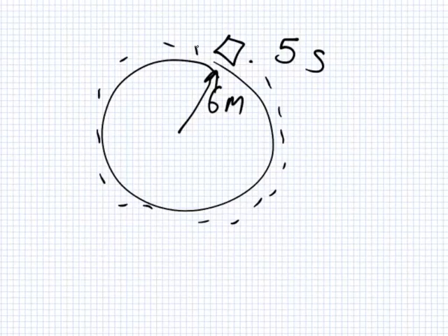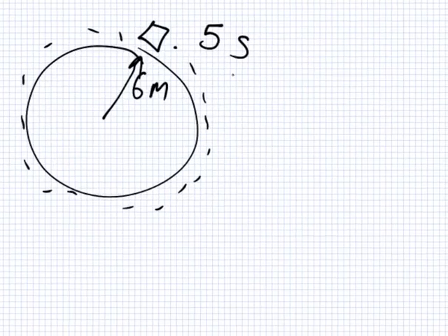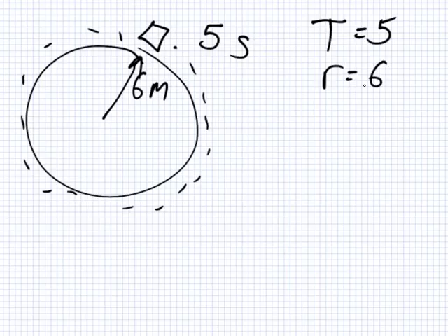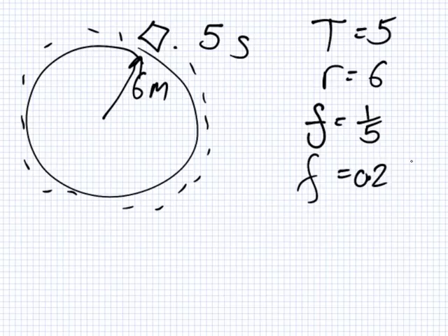Okay, so what information do I know? I know the T and the R. Now, yeah, we need the omega. So we can get the f, can't we? The f is 1 over 5, so equals 0.2 hertz. So we will multiply 0.2 with 6.